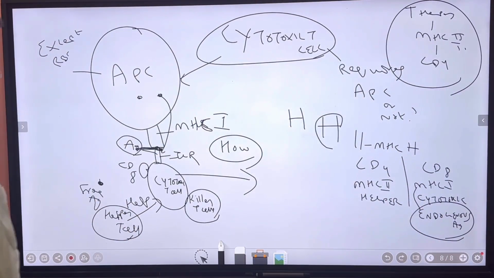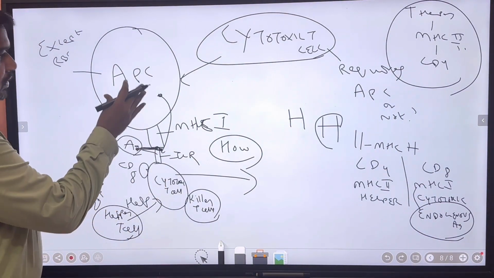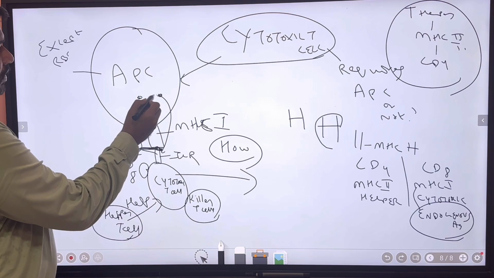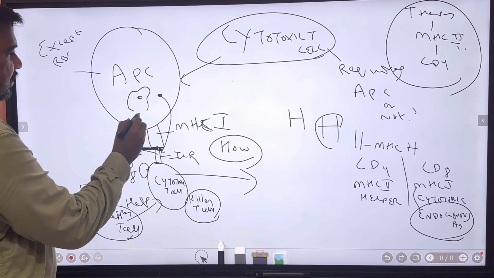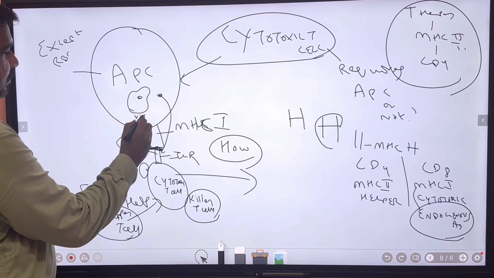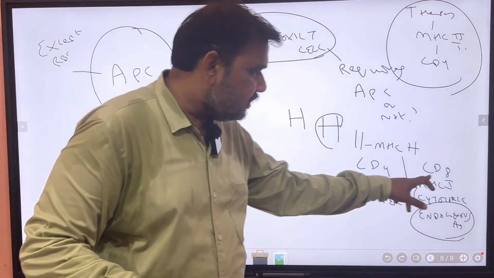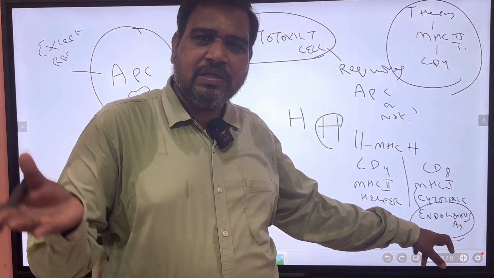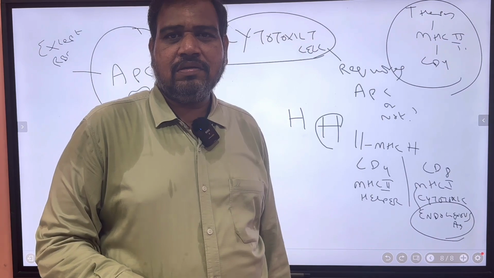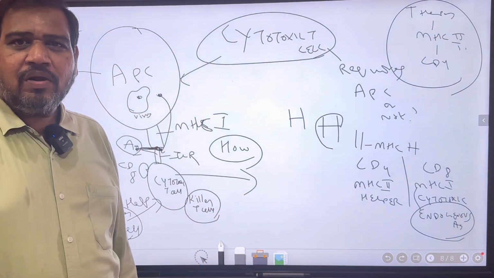For example, instead of this free antigen, the entire virus itself will be there. This is a virus which contains antigen. So remember, with MHC1 usually the antigen will be present within the antigen presenting cell. It will not come from outside and be processed.